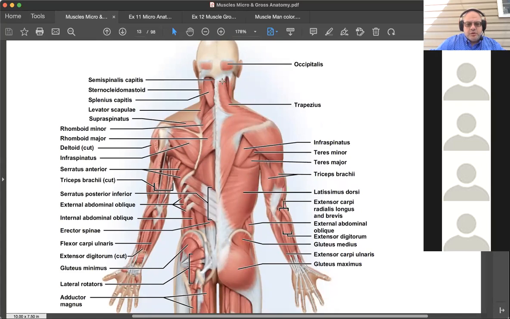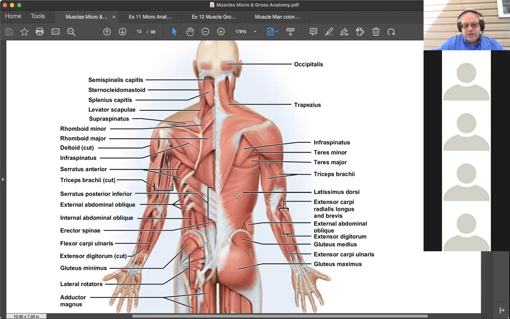Okay, so on the back, you've got trapezius, again superficial, kind of a trapezoid muscle. This is what you feel as the top of your shoulder, and what gets cramped when you're all tense because you're pulling your shoulders up all day. The trapezius attaches to the scapula. Inferior to the trapezius, we have the latissimus dorsi, and this is the one that, like in bodybuilders, gives them that triangular shape.